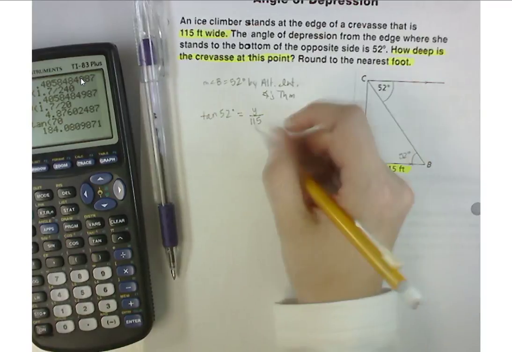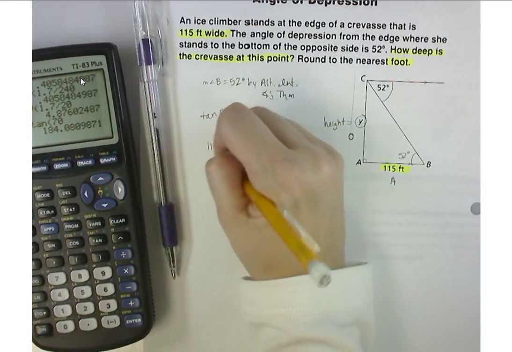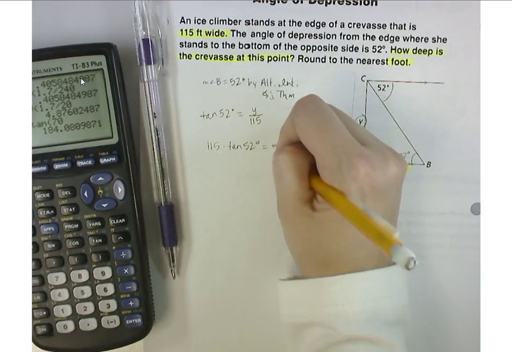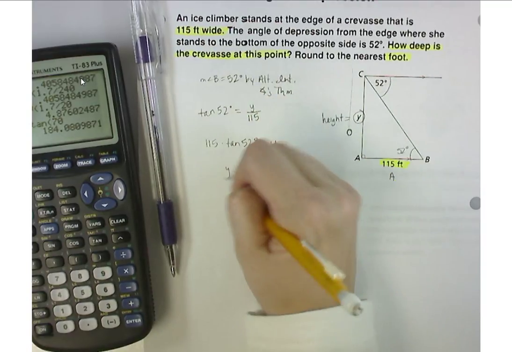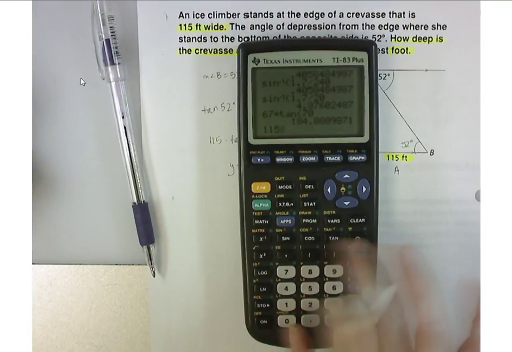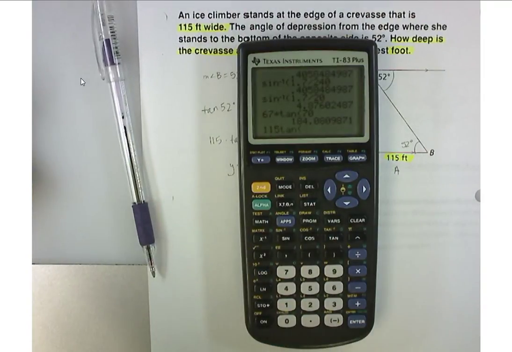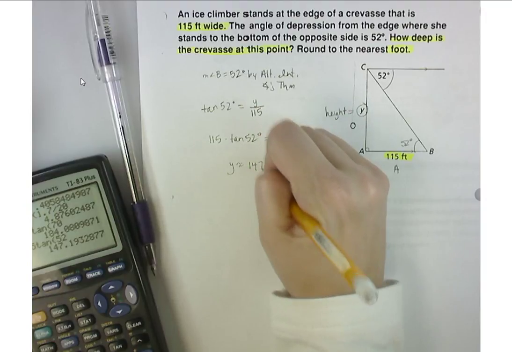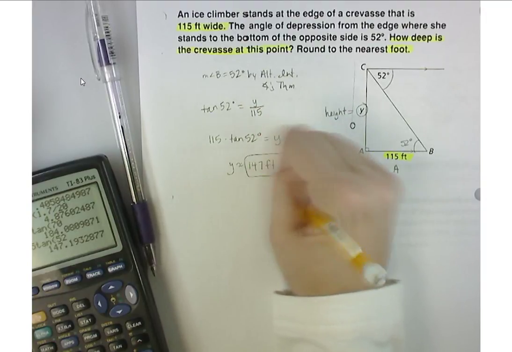Then we multiply both sides by 115. So I'm going to do 115 times the tangent of 52, and that's going to round to about 147. And in this case, it is going to be feet.